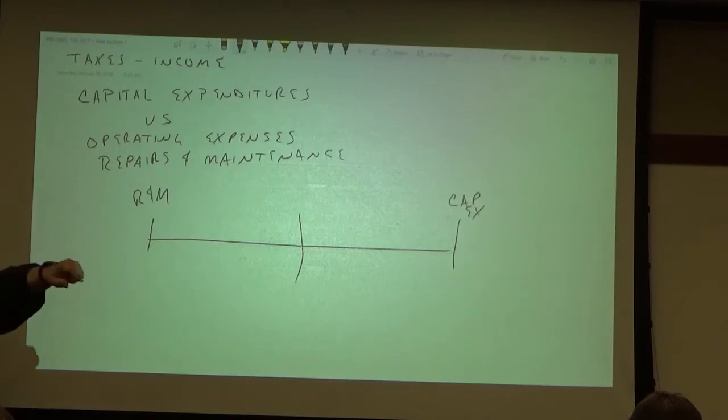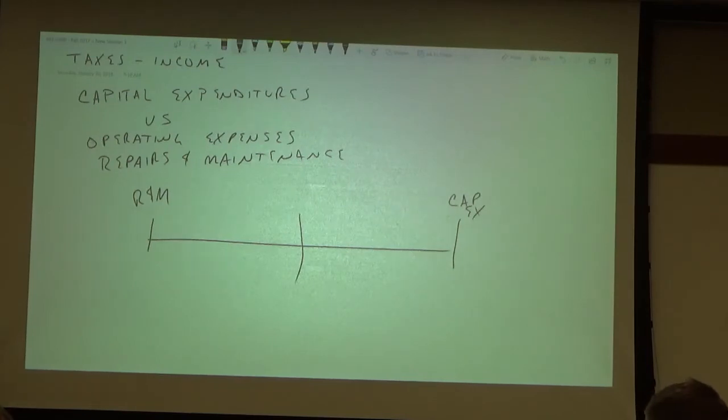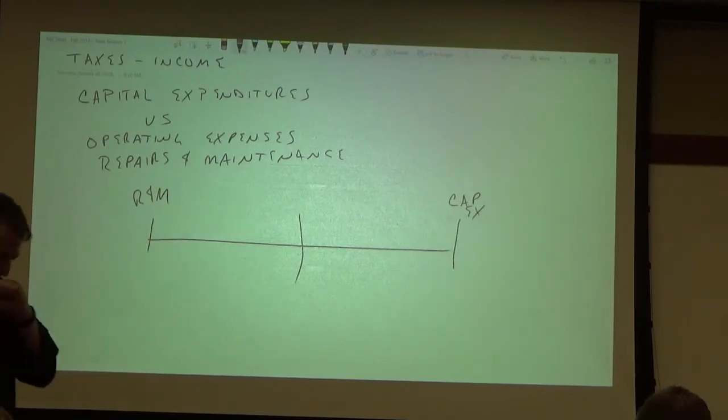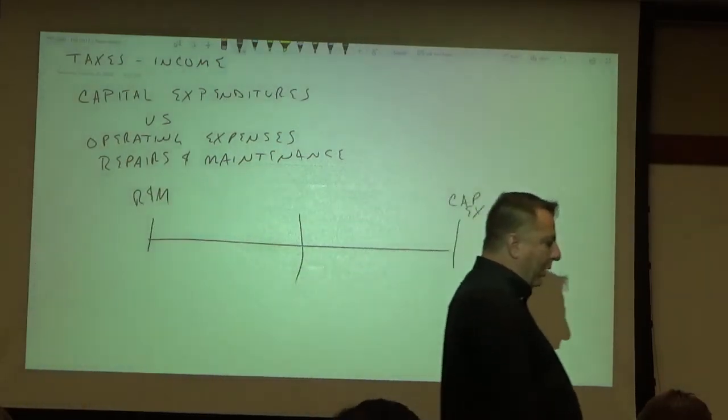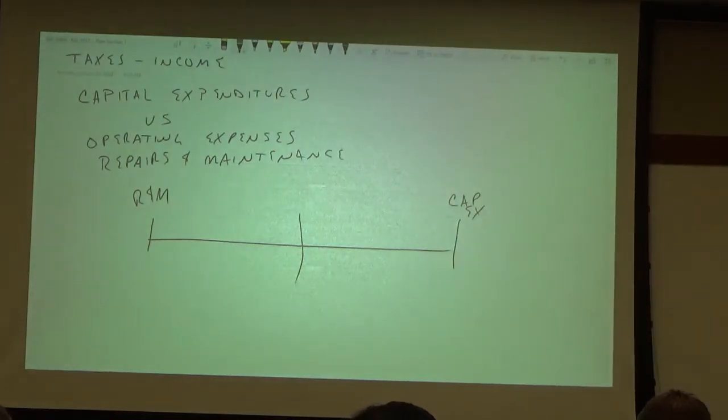Okay, Jarvis. So with CapEx, like you said, once you're getting closer to a sale, you want to shift more things towards your capital expenditures, away from repairs and maintenance. Here's the thing: one of the things capital expenditures typically do is they increase your basis in the property.